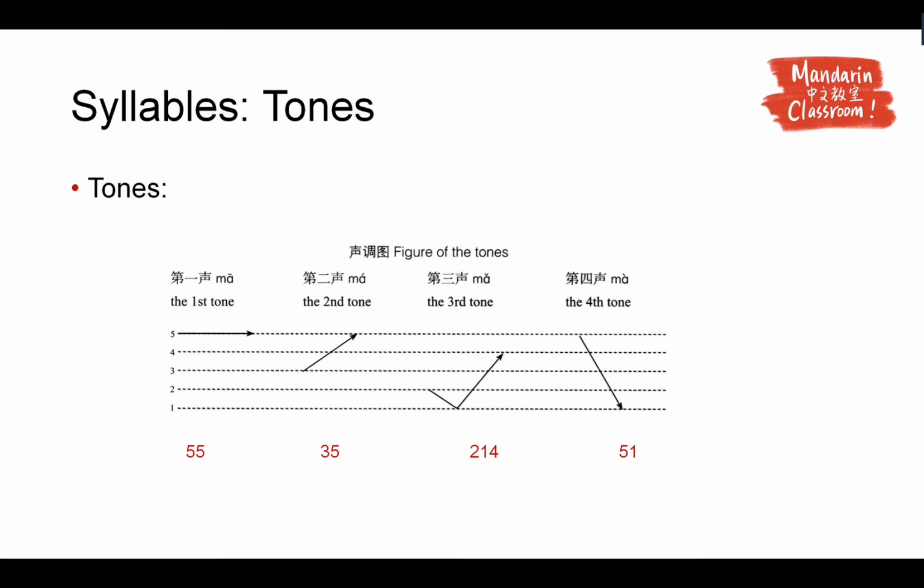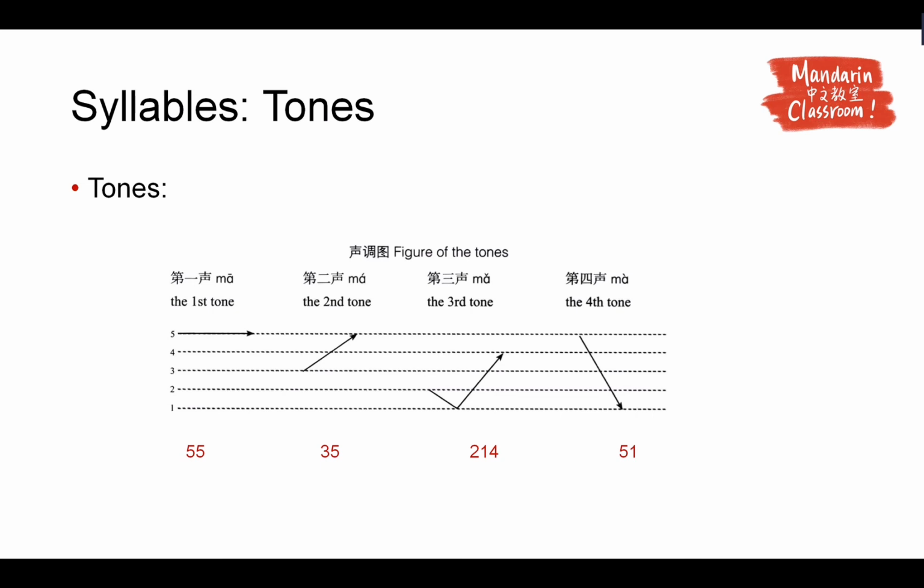We have 4 tones and you could see there are 5 lines. We could treat this line 1 to 5 as a music score, like do, re, mi, fa, sol.